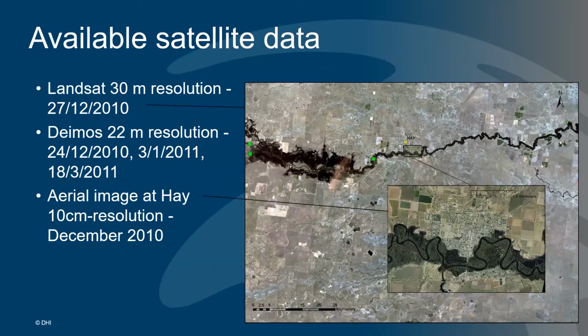We have some Landsat 30-meter resolution satellite data. We have some DIMOS 22-meter resolution data at a number of times. And we also have a single aerial image here around Hay down to quite a high resolution for December 2010. And that's the starting point for our modeling.